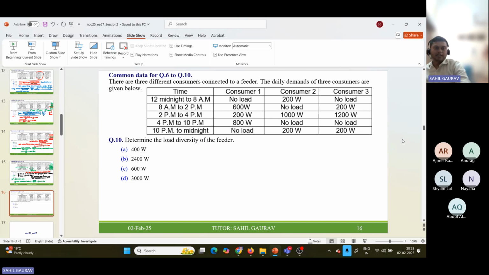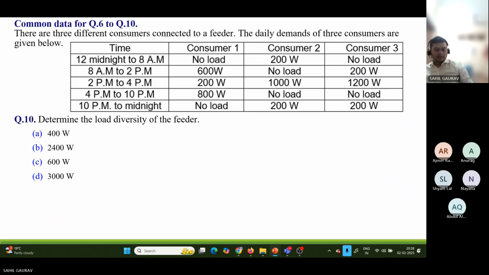Here they are asking about the load diversity of the feeder. I am again writing the expression, and with the help of the expression you can type your answer in the chat box. So load diversity is what?